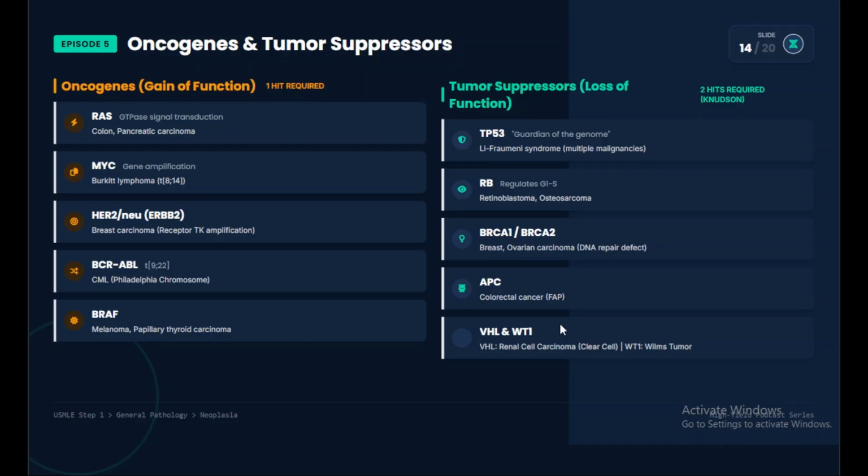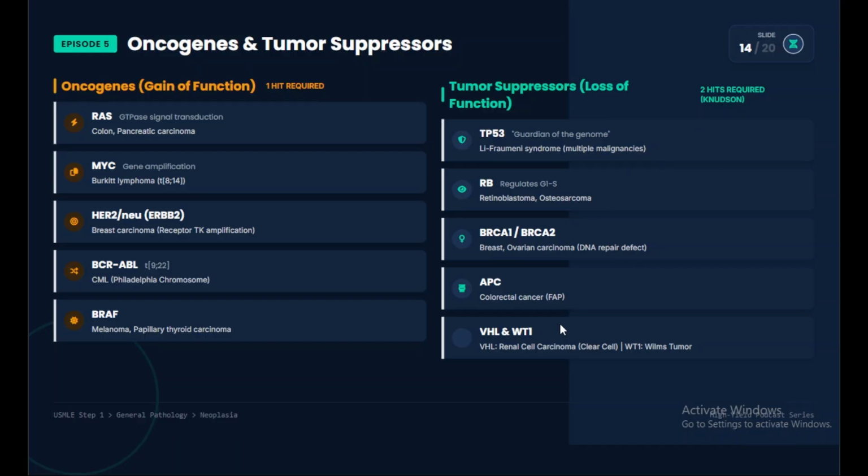Cancer is basically a genetic problem, as you all know. In cancer, a cell may either gain growth promoting genes or lose growth suppressing genes. In either case, the cell is going to divide a lot.